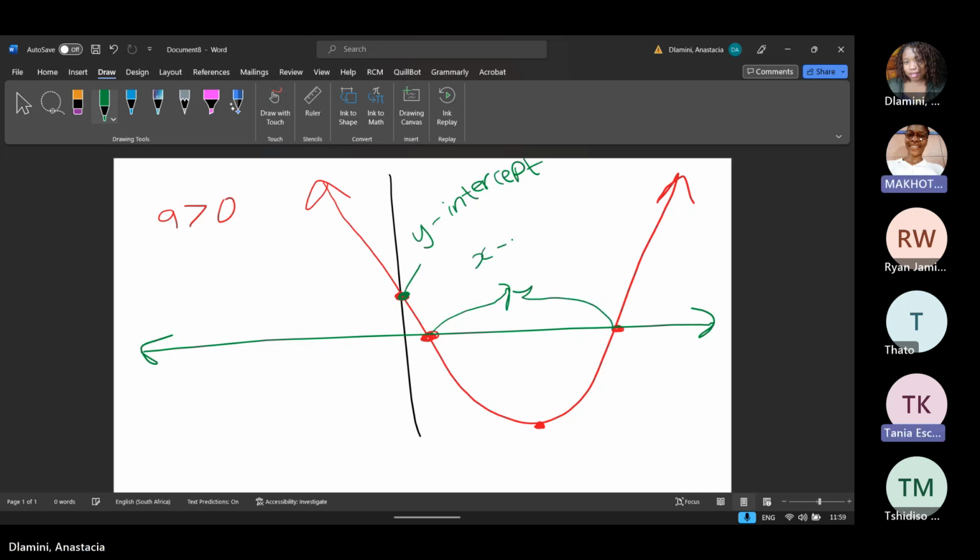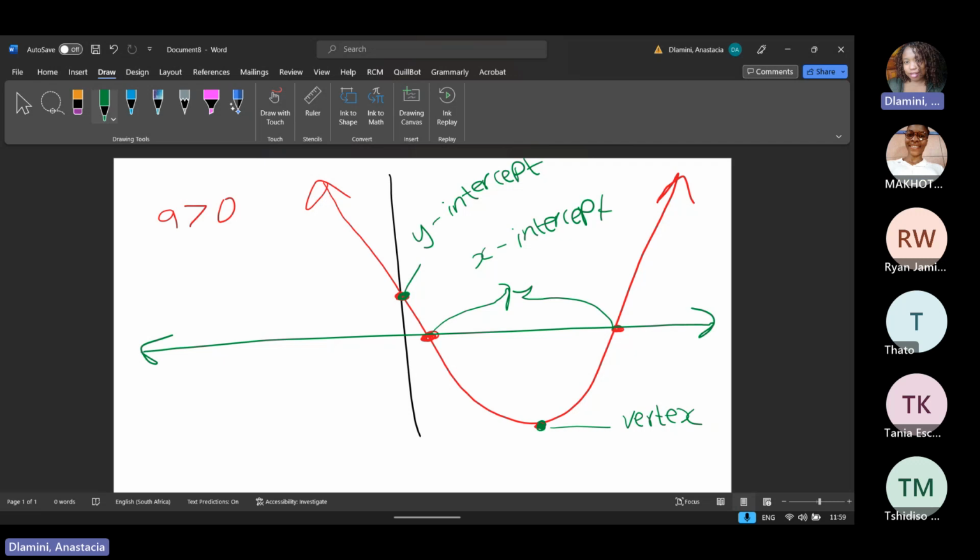The x-intercepts. And then what is this point called? It's the vertex, the turning point. But for a parabola, what do you normally call it? The turning point. Thank you.